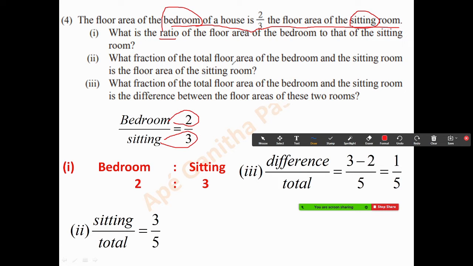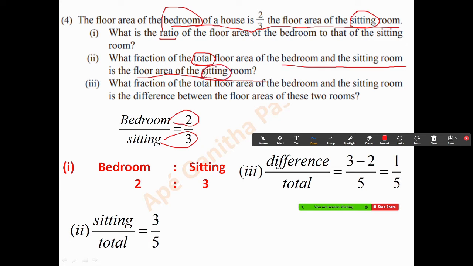What is the fraction of the total floor area? You have to compare the total floor area of the bedroom and sitting room with the floor area of the sitting room.